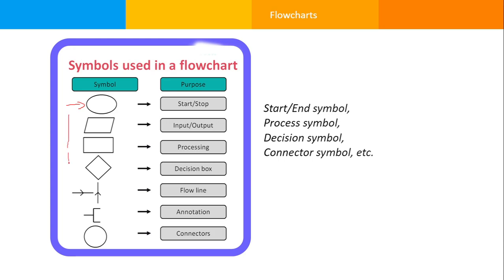Maybe from here it's moving downwards. Okay, from here it needs to go back to the top. We use these flow lines to tell how instructions are communicated in the algorithm.